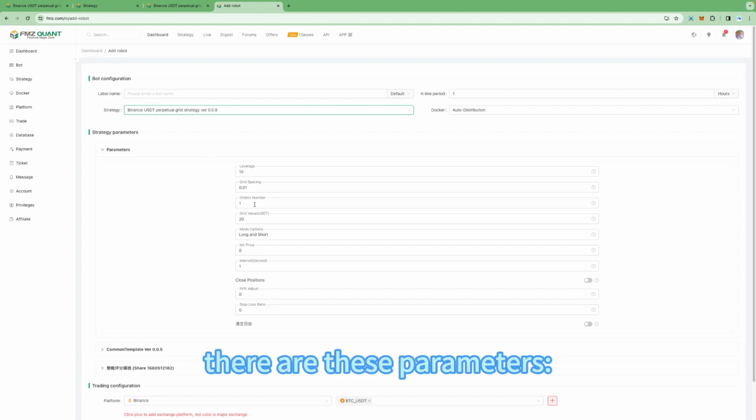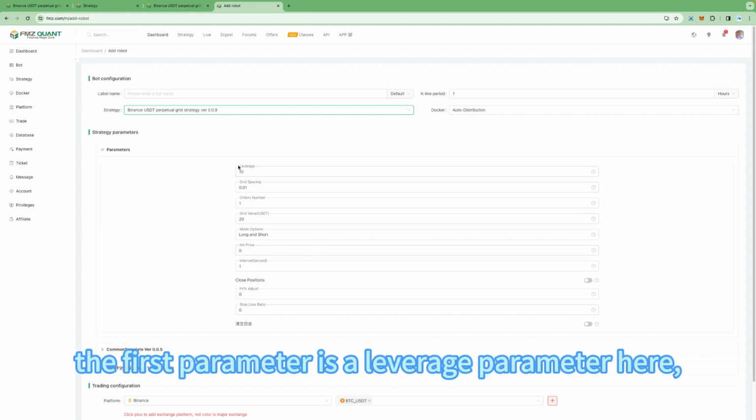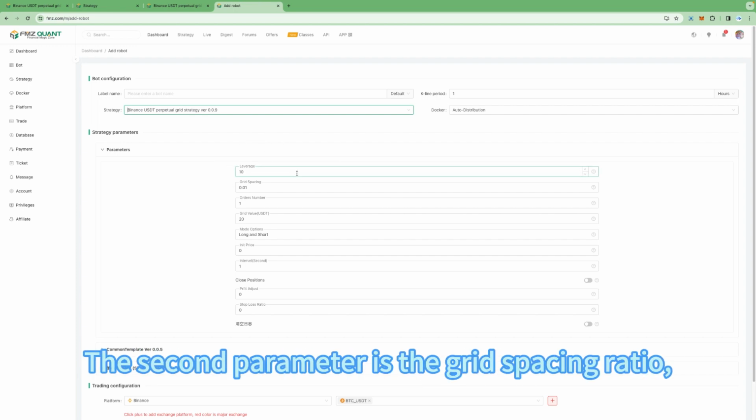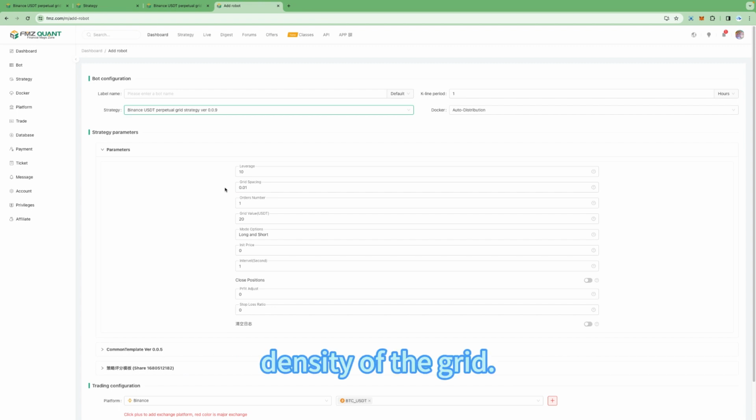there are these parameters. The first parameter is a leverage parameter here, which is to set the leverage during trading. The second parameter is the grid spacing ratio, which determines the order placing density of the grid.